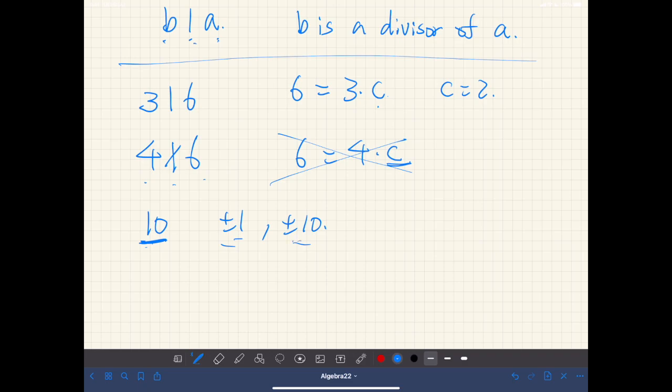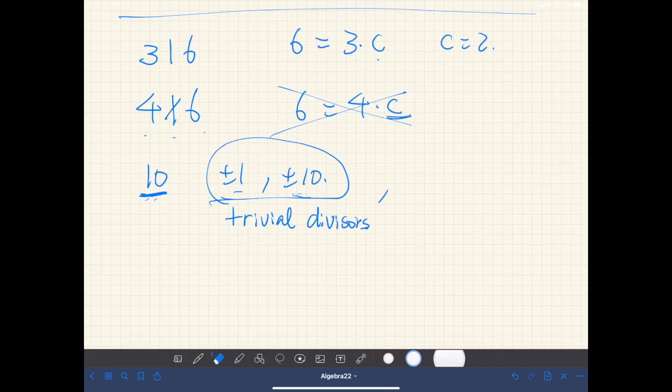And negative of that integer also divides itself. So these are called trivial divisors. And other than the trivial divisors, there are plus minus 2 and plus minus 5. These are non-trivial divisors of 10.